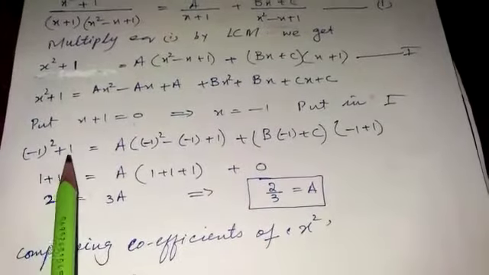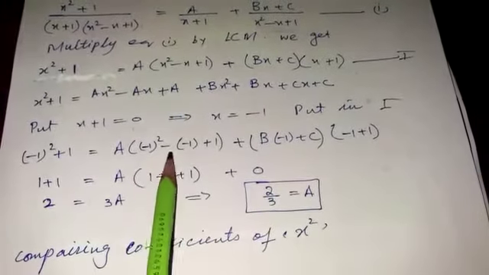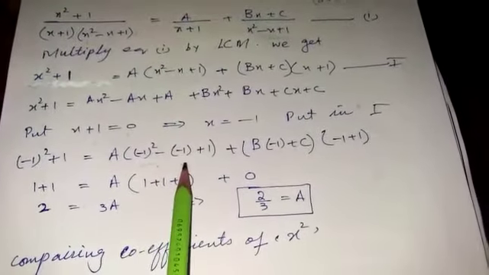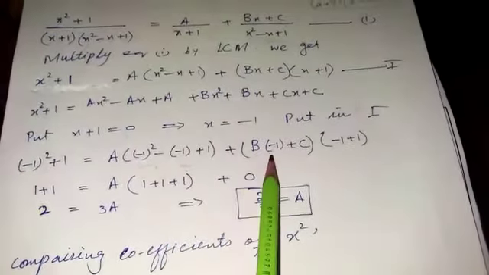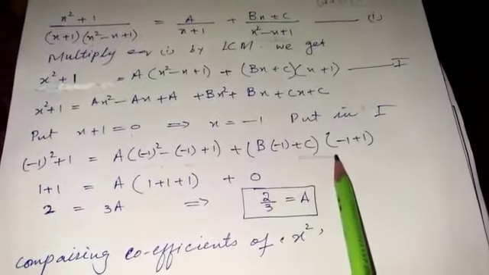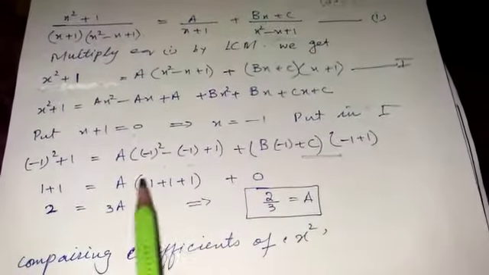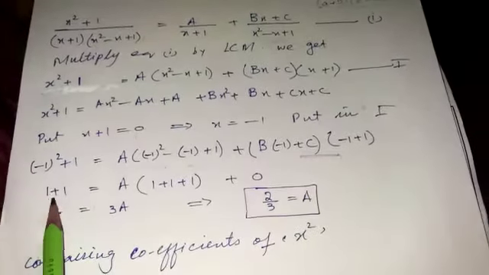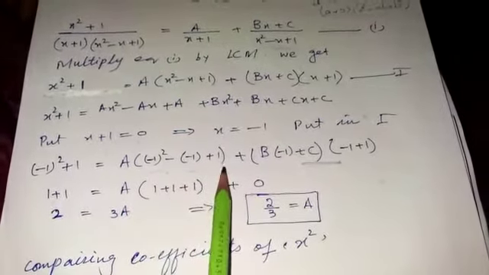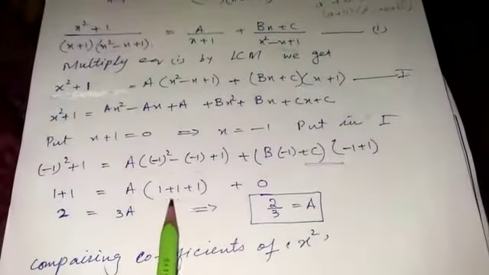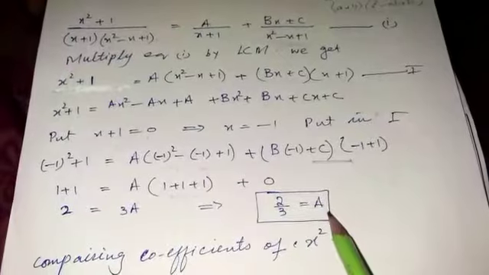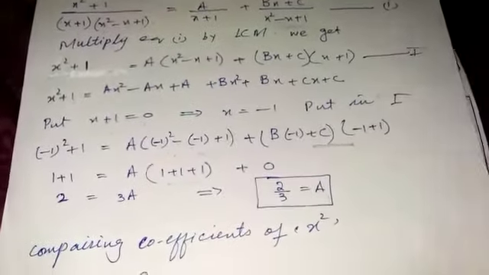We get (minus 1) square plus 1 equals a into ((minus 1) square minus (minus 1) plus 1), plus b into minus 1 plus c into (minus 1 plus 1). For this, the factor will become 0 and we get only 1 plus 1 equals a into 1 plus 1 plus 1. By adding these three values we get 3a equals 2, and 2 by 3 is the value of a.